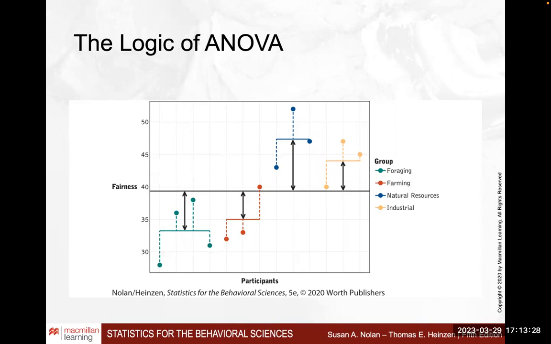And then you have variability built by the variability from the individual group mean to your grand mean, to that black line. And you're relating these 2 variabilities against each other. By building this ratio, you get an estimate of how likely it is that at least one of these groups is different from the other.